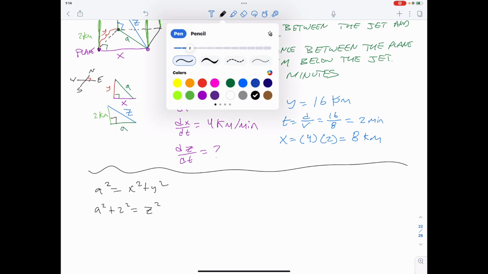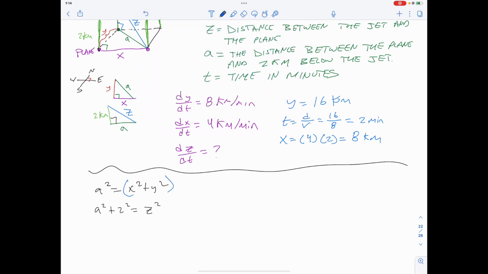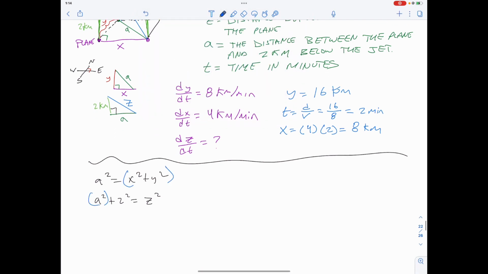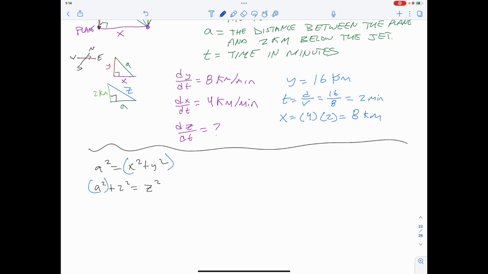Well, I can eliminate one of my variables just through substitution. I'm going to say that this is the same as x squared plus y squared plus 2 squared is equal to z squared.